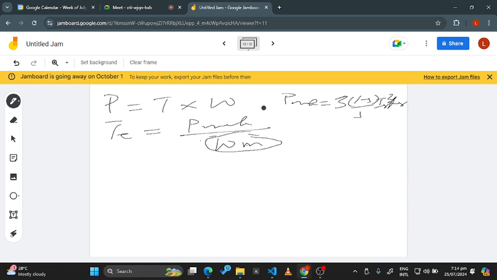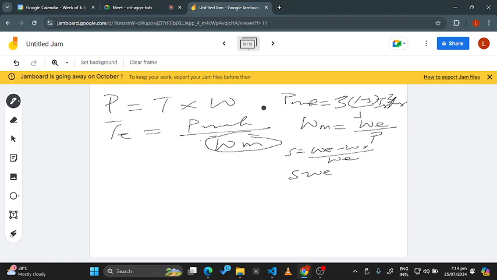But we know that mechanical speed is equal to electrical speed, which I explained at the beginning of this tutorial. Mechanical speed is equal to electrical speed divided by the pole pair. But we know that slip S is equal to (omega e minus omega r) divided by omega e.